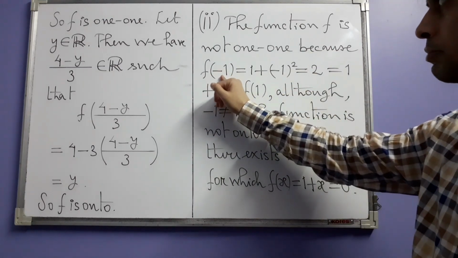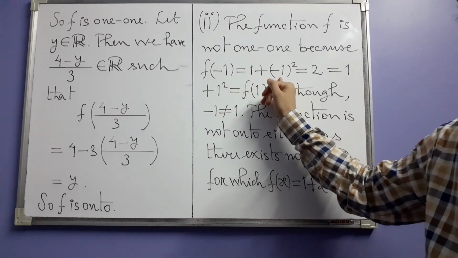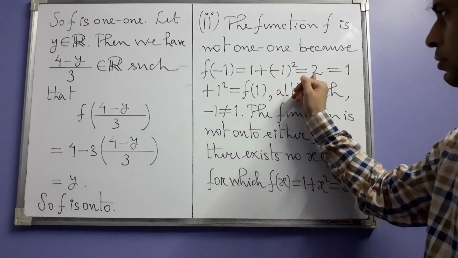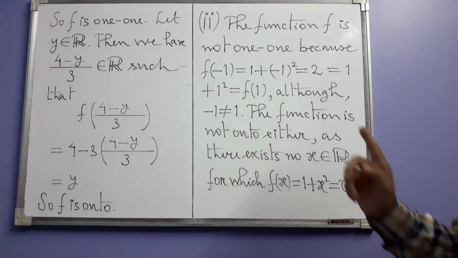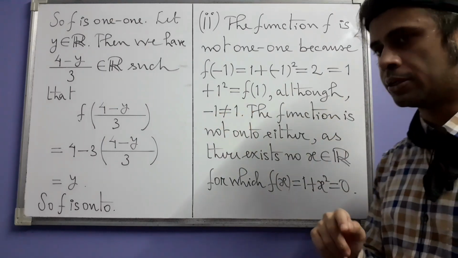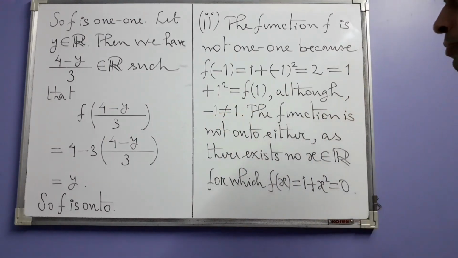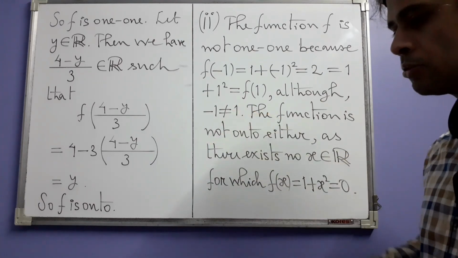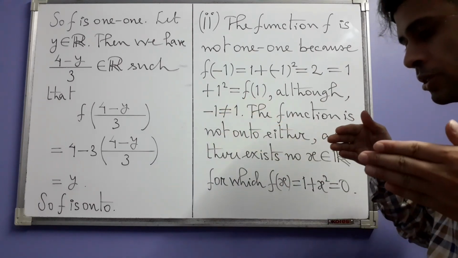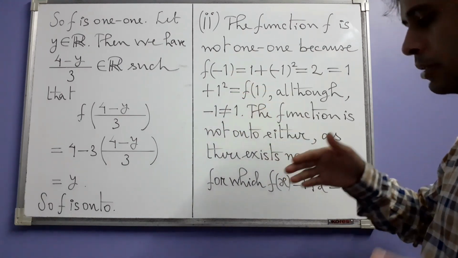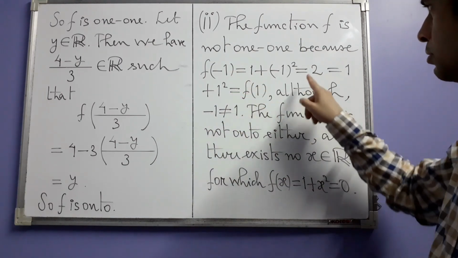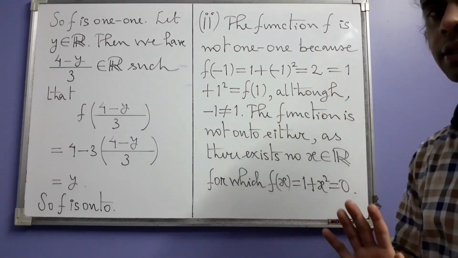F of minus 1 is 1 plus (minus 1) square, which becomes 2, but f of 1 is also 2 because 1 plus 1 square, although minus 1 and 1 are not the same number. So distinct inputs are giving you the same output. From both minus 1 as well as 1 you are getting the same output 2. That is why the function is not 1-1.